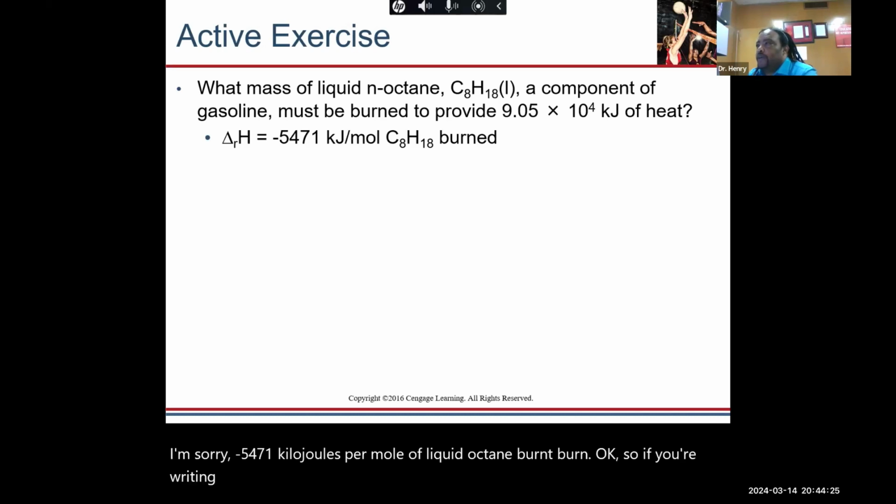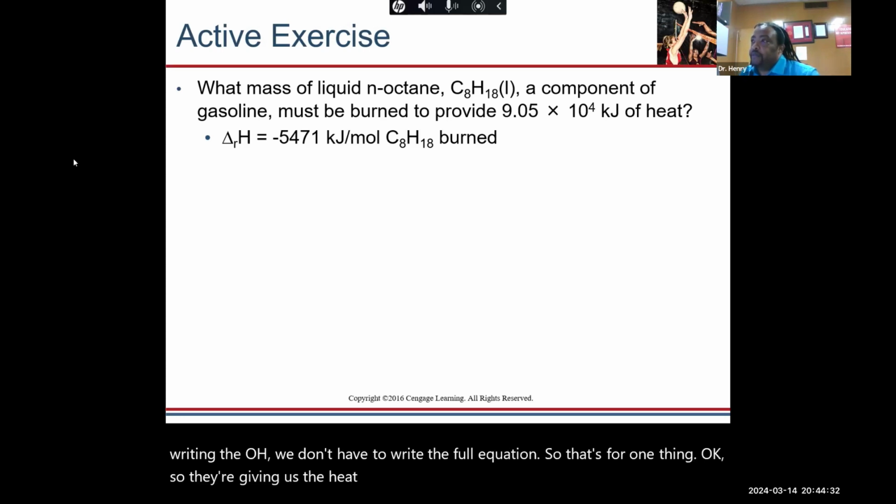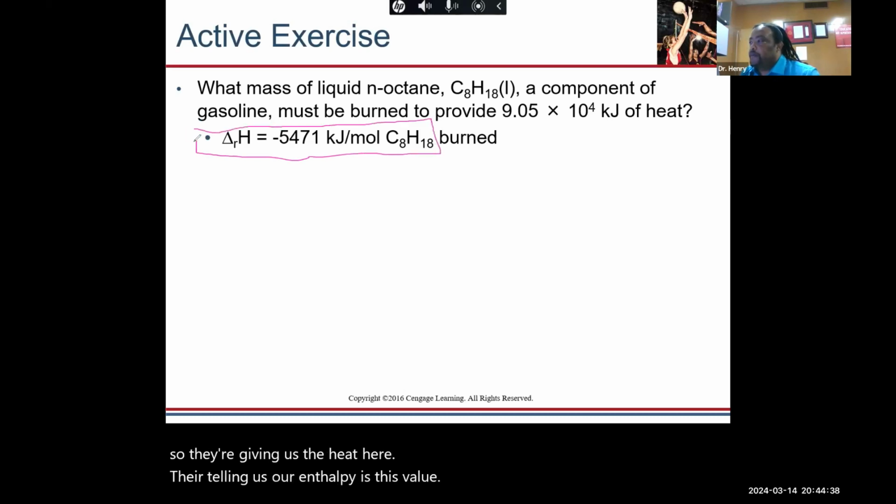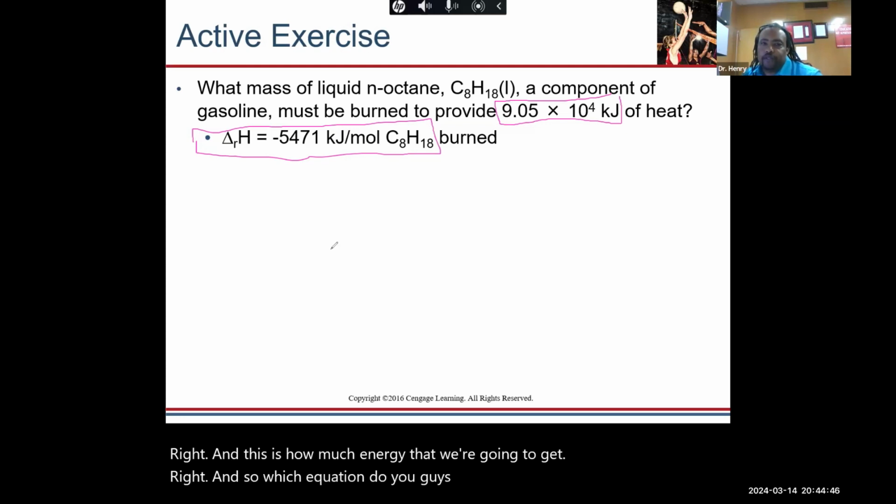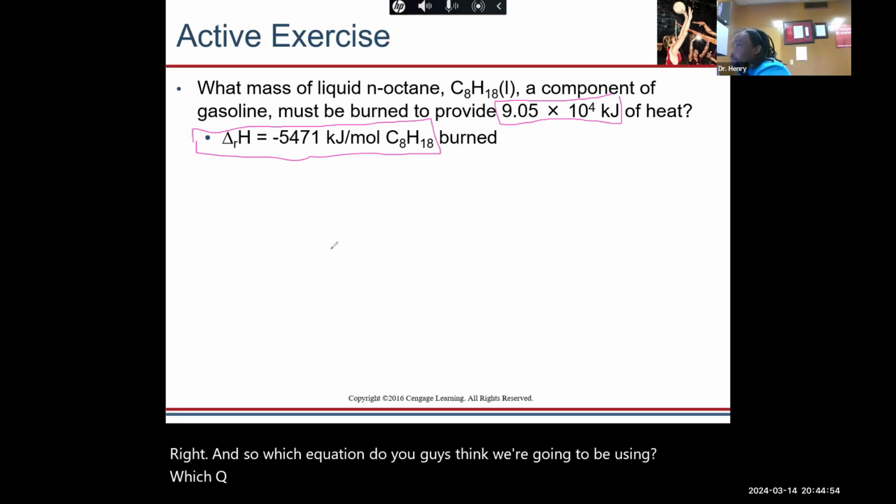We don't have to write the full equation. They're giving us the heat here, telling us our enthalpy is this value, and this is how much energy we're going to get. Which Q equation do you guys think we're going to be using?